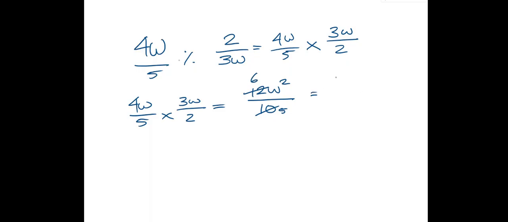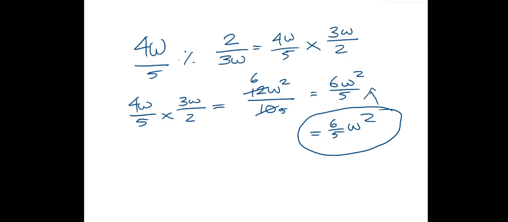So we could say that this is 6w squared over 5. And another way of putting it is 6 over 5w squared. That form there is the same as that form there, except here this is easier to deal with when we get to calculus. So I'm just going to leave that there for now, but we will be working with things in that form.